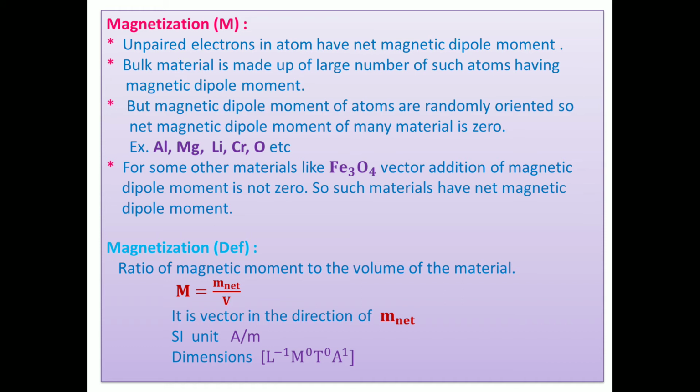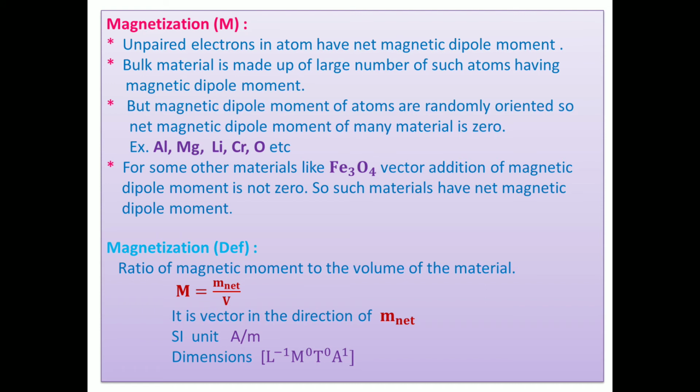But if we consider the total substance, these individual atomic magnets are oriented randomly, and that's why the resultant dipole moment is 0. Such a material is called a paramagnetic material. It is removed from your syllabus.